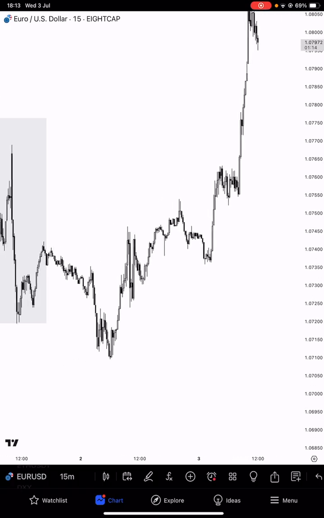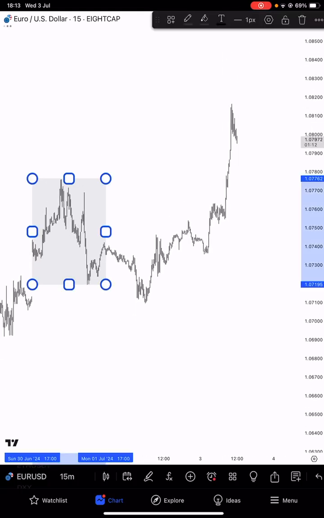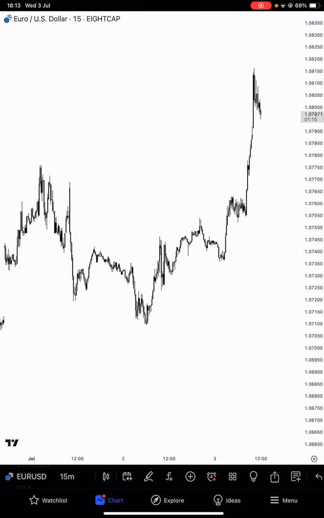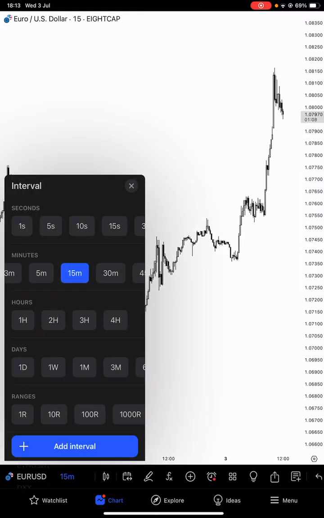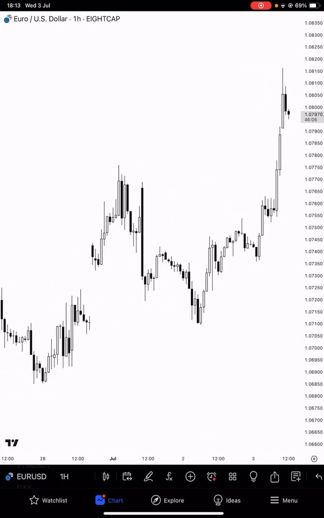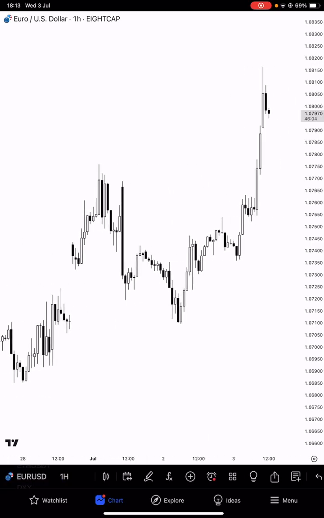And when you watch a chart, you need to ask yourself this question: what are you looking at? You need to understand what a PDRA is, and why sometimes support and resistance work like this instance. You need to ask yourself these questions.